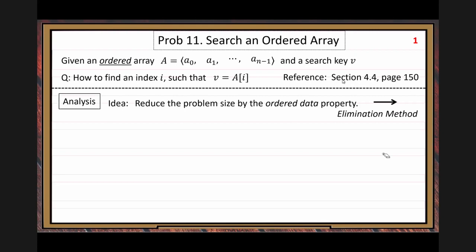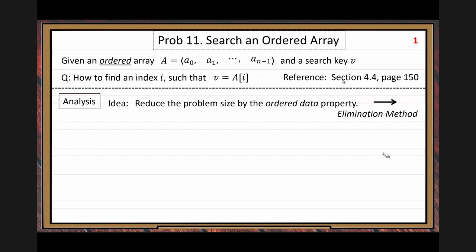Elimination method. So the idea, we want to do the minimum number of comparisons to find the index I such that V equals A of I. Related to that elimination method, every time when we do one comparison, we want to eliminate as many elements in the array as possible from the consideration.